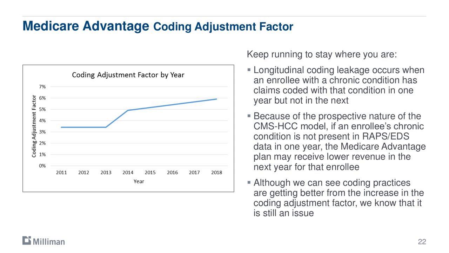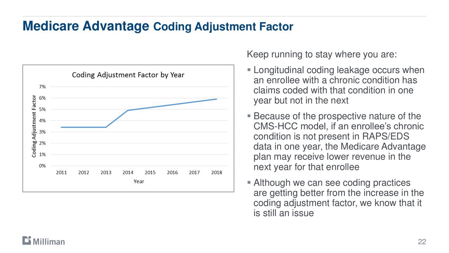At least in Medicare, there has been a mechanism to dampen the impact of better coding. And we have seen in our practice some of the commercial contracts also have some kind of coding adjustment factor mechanism built in, and it's subject to negotiation between the payer and the provider.